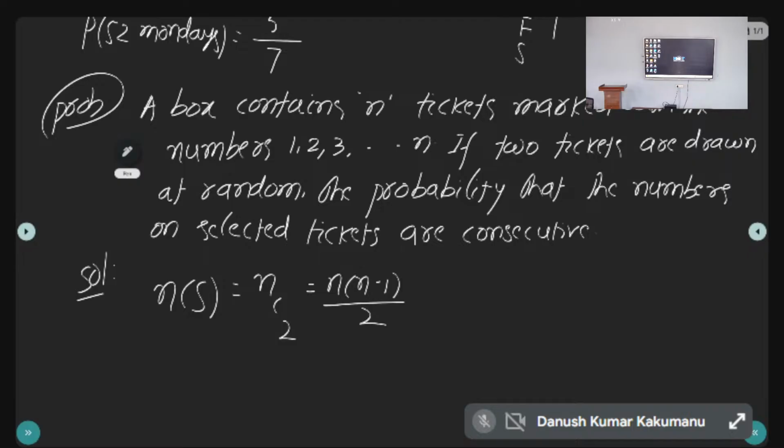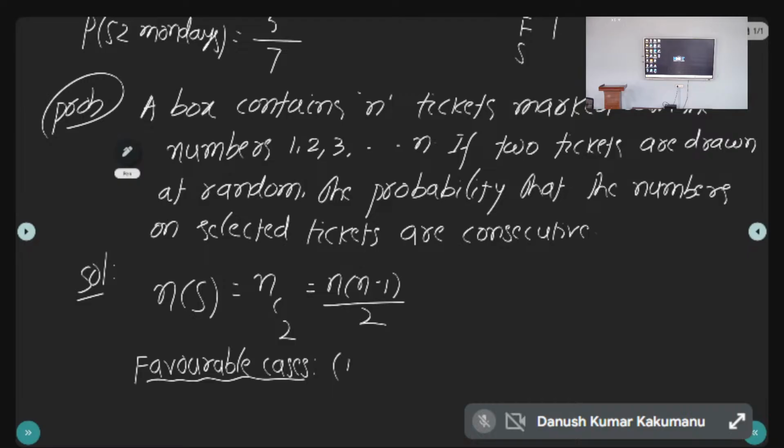That is a favorable case. Out of all these possibilities, how many of them are consecutive? First, consecutive favorable cases. The two tickets selected, and the numbers on the two tickets must be consecutive. What are the possible cases?